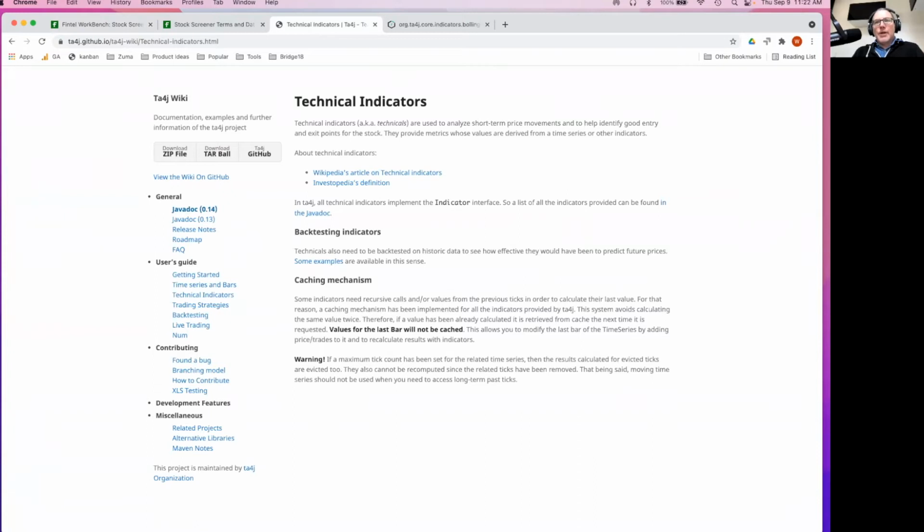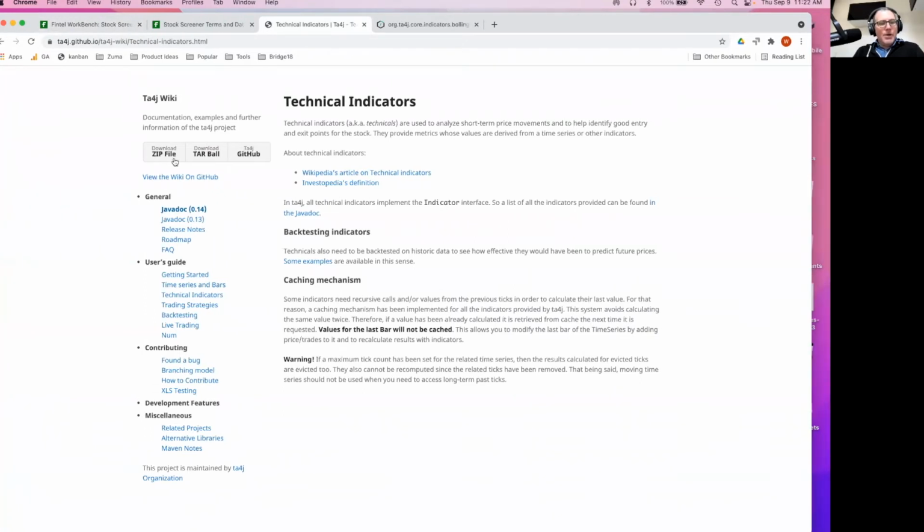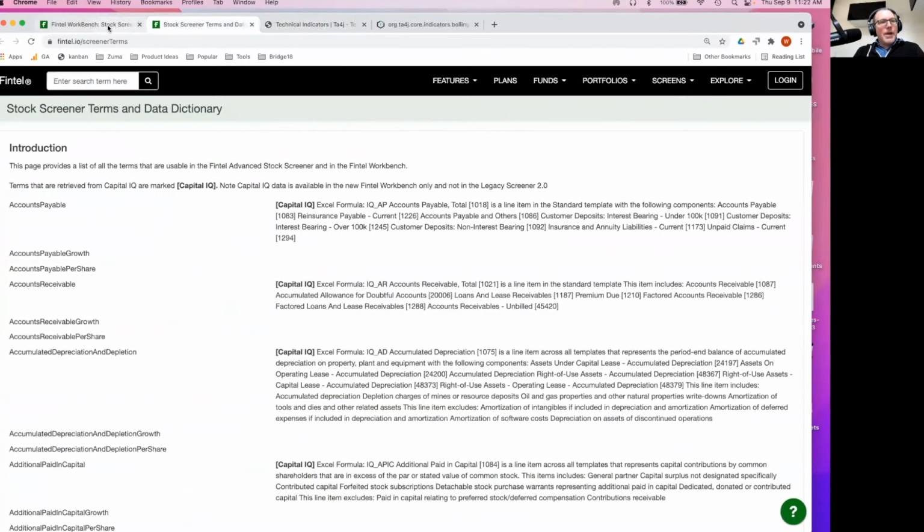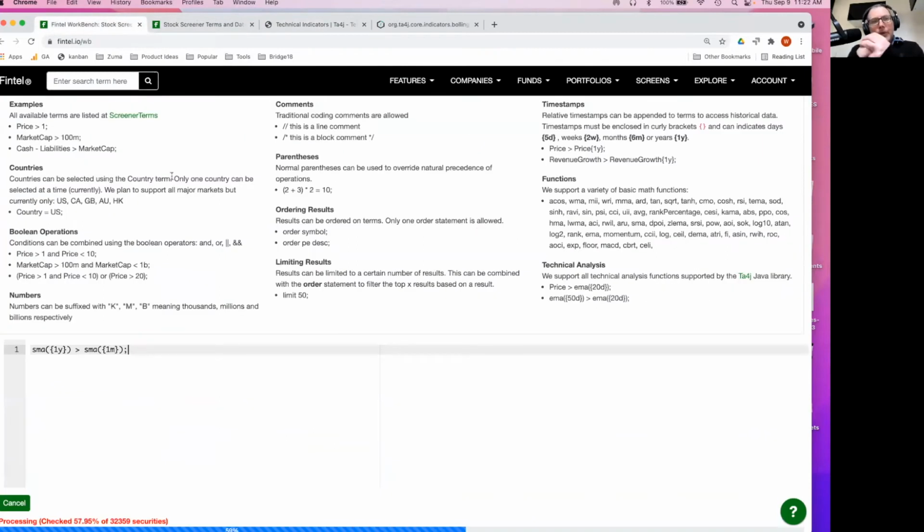You cannot save your screens in the workbench yet. Yes, that's true. We'll work on that. What we don't have in the old screener, what you could do was save your screen, and when you save your screen, we basically run it every day, sometimes a couple times a day.